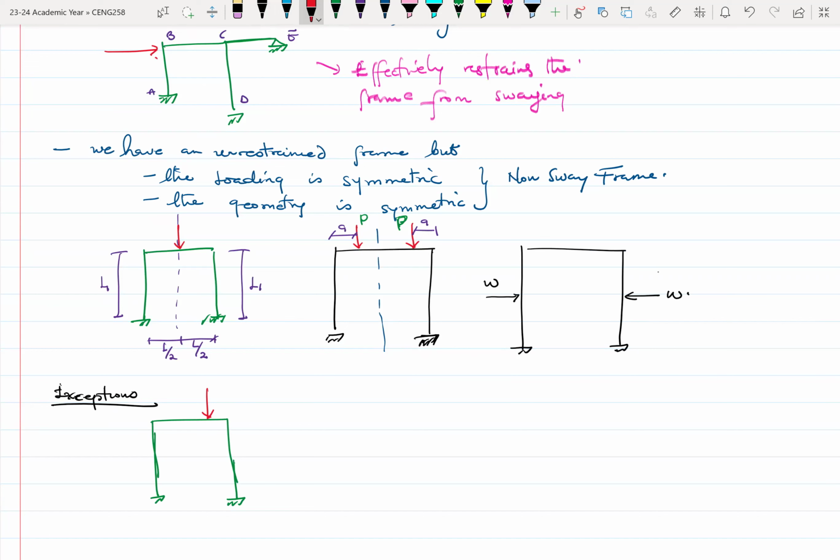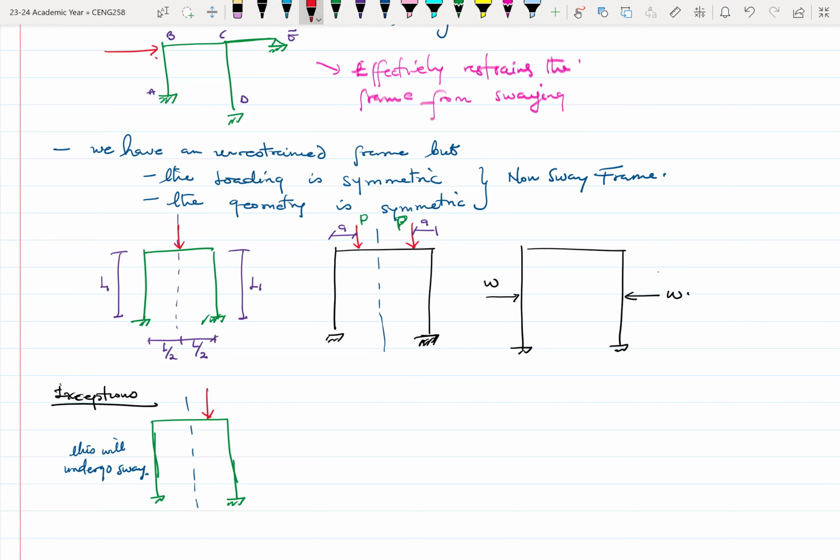So definitely, if this is the midpoint of it, this particular frame is no longer symmetric because, even though it is symmetric in the geometry, it is not symmetric in the loading. So here, this will undergo sway.